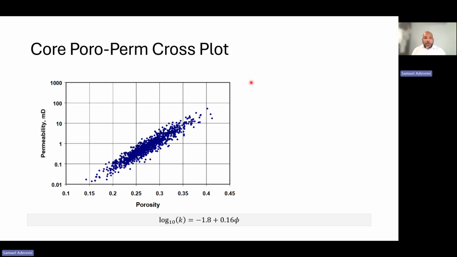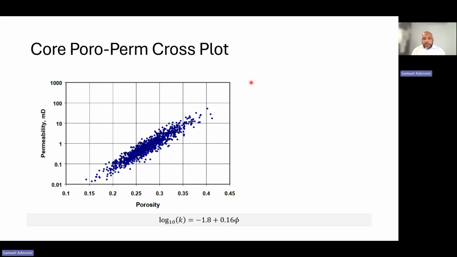Once we have the porosity log established, it's also important to have the permeability. Since there is no log to estimate permeability, we tend to rely on the core data in order to be able to make a plot of the porosity versus permeability.